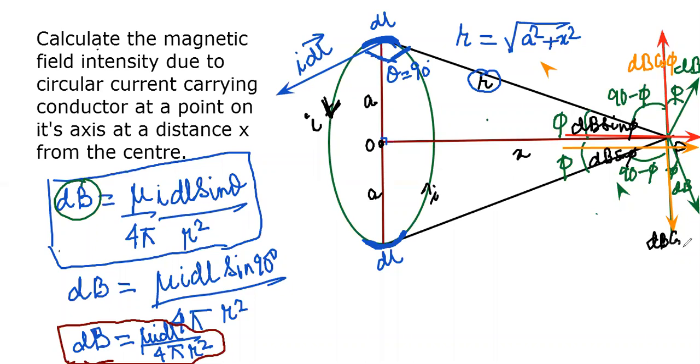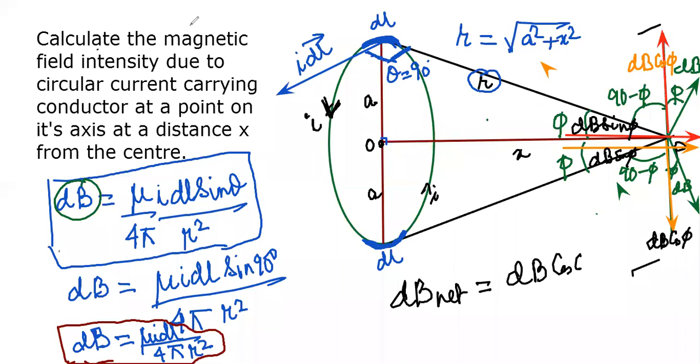So a very important thing we have concluded over here: this dB cos phi and this dB cos phi are cancelling each other. So we can say only the dB net is present over here, and that is equal to dB sin phi.